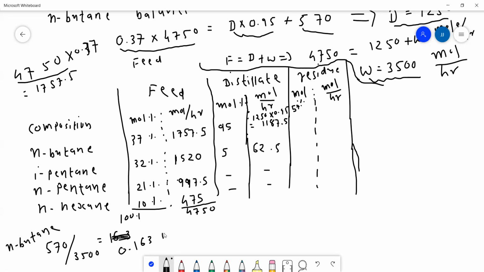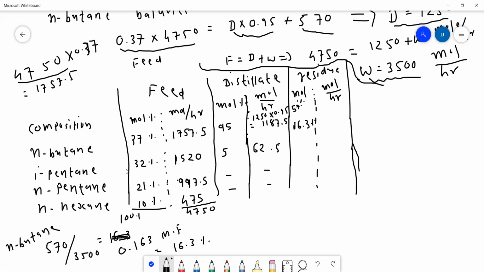This is the mole fraction, but as a percentage it is 16.3 percent.